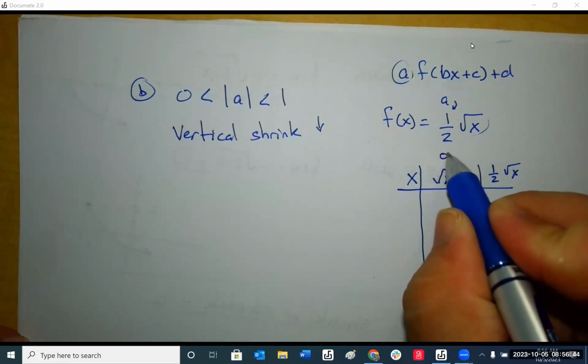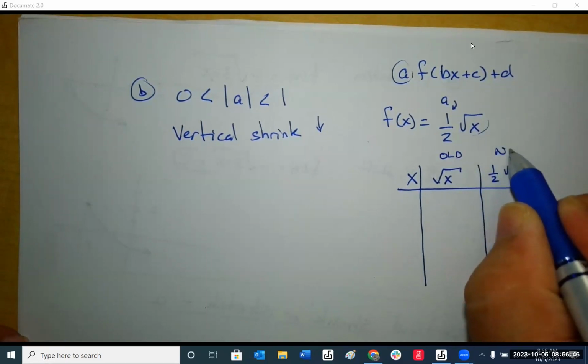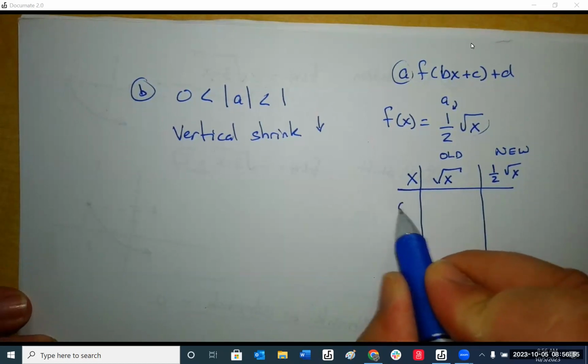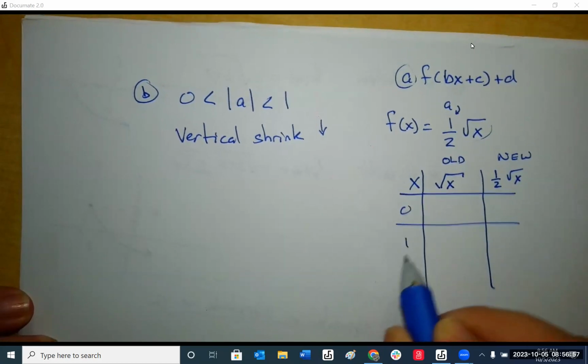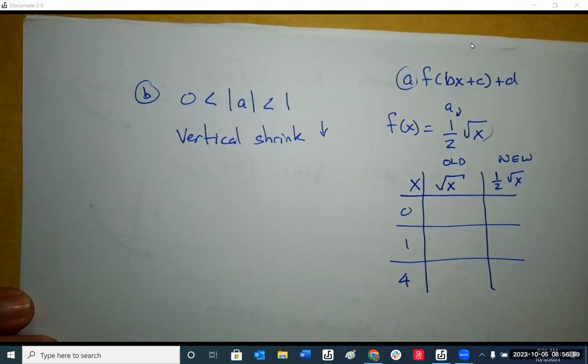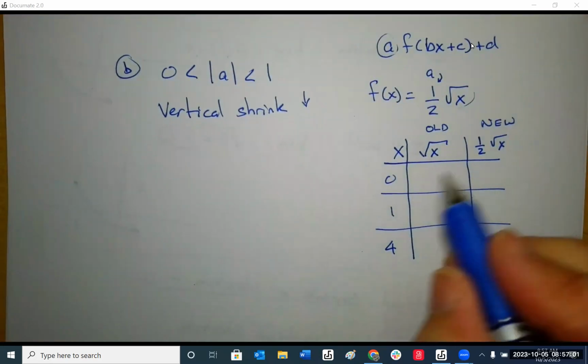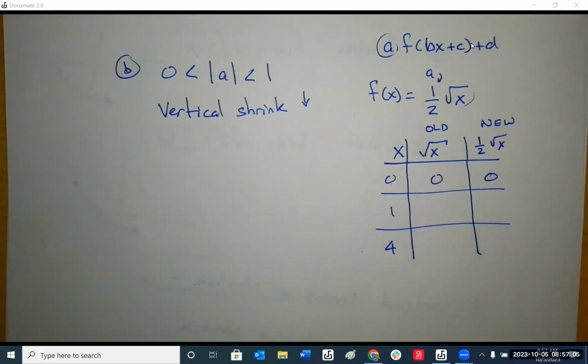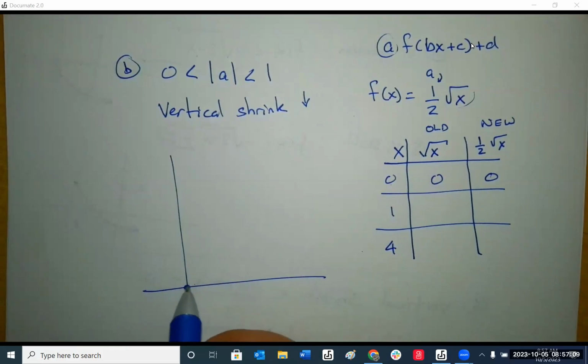This is the old, this is the new. Square root of 0 is 0. So our graph starts off at the origin.